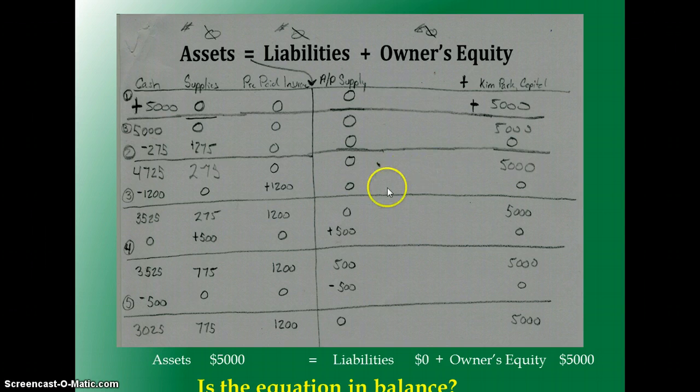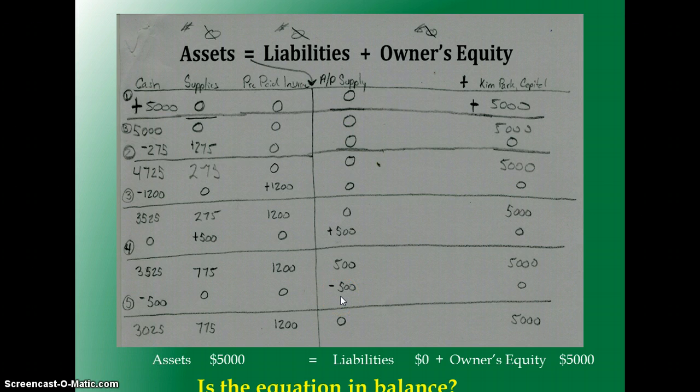Therefore, this side is not affected, so my equation is still in balance. With this transaction, I'm adding to this side of the equal sign, therefore I have to add to this side of the equal sign. It's as simple as that. And in my last transaction, I'm decreasing on one side of the equals, so I have to decrease or subtract from this side of the equal sign.